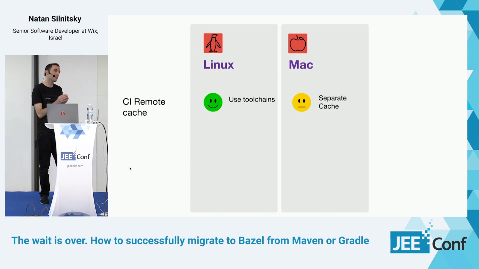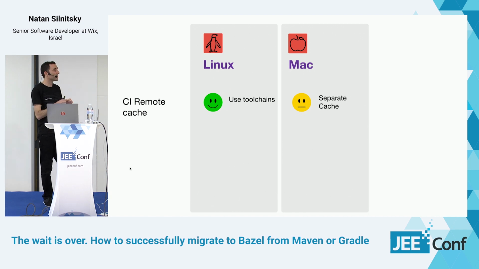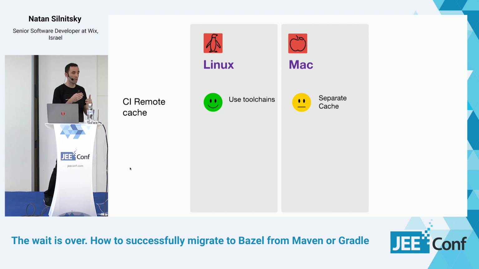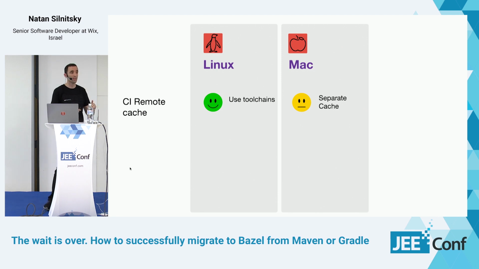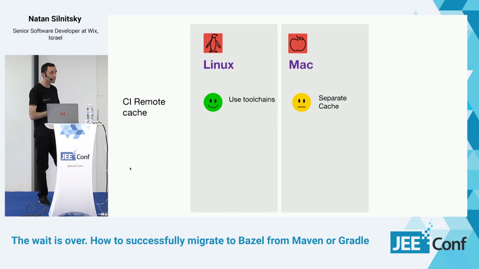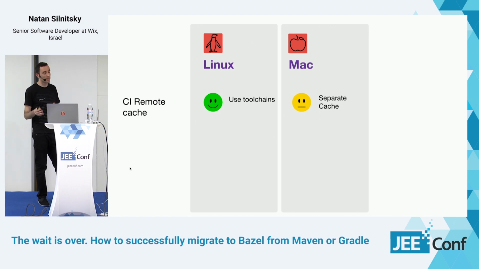So in the Bazel code base and design, it's really important for them to know that the build is accurate and deterministic. So once it's configured with different operating systems, it says, no, you can't utilize this remote cache because it's on a different platform. So with Macs, you need to create a separate cache.